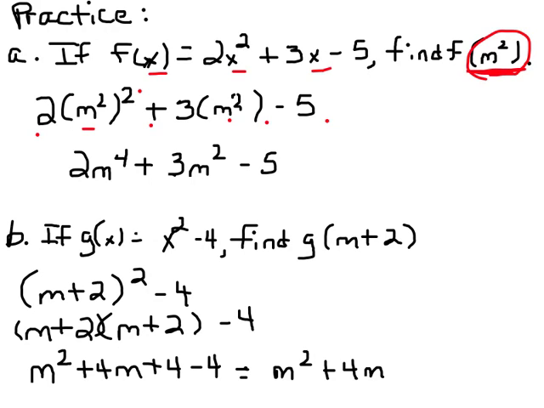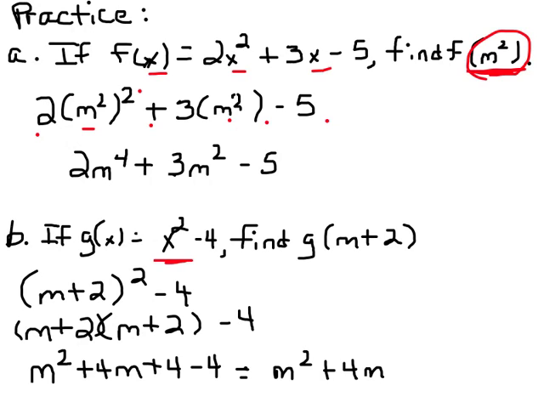B says if g of x, which is still pronounced function of x, is x squared minus 4, then find the function of m plus 2. So that means we're going to put m plus 2 right here. So we have m plus 2, we're going to keep it in parentheses, that's important, squared minus 4.